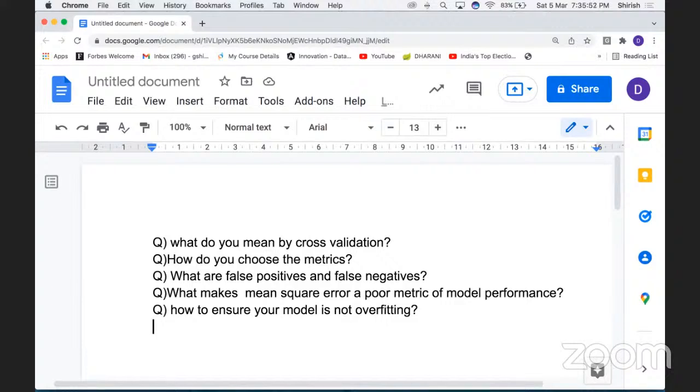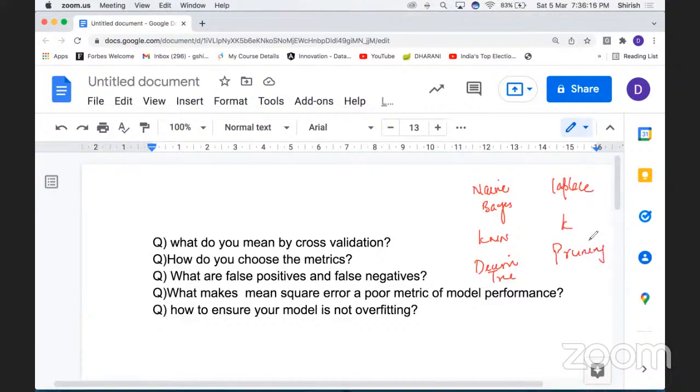When we talk about regularization, every algorithm has one: for Naive Bayes, the parameter here is Laplace. When we talk about KNN, the regularization parameter is K. When it is decision tree, the regularization technique here is pruning.